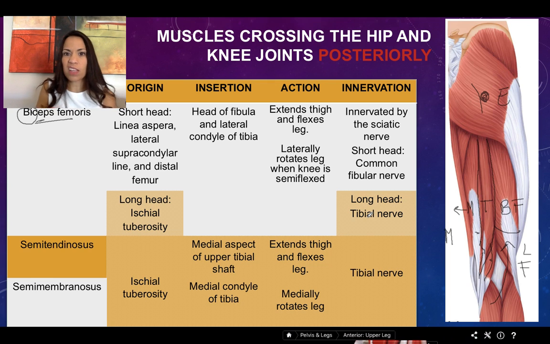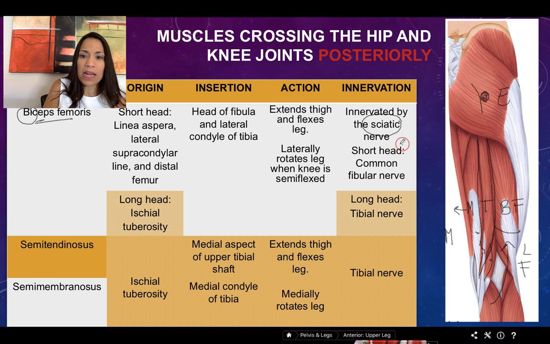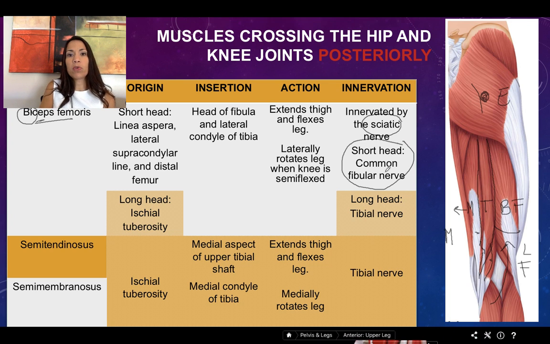Then we're going to see that some of them can lateral rotate and others can medial rotate the leg, not the hip, the leg. They're all innervated by a branch of the sciatic nerve. Actually, all of them by the tibial nerve, like the entire posterior compartment of the thigh and leg, except one head, the short head of the biceps femoris, which is innervated by the common fibular nerve.